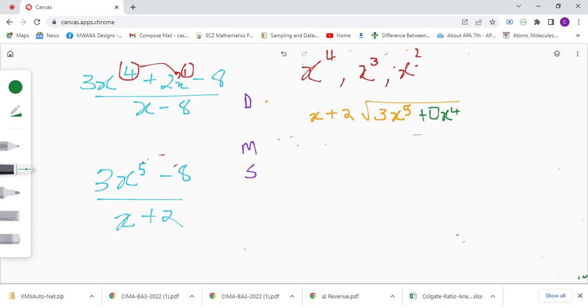So we don't have x to the power 4. We don't have x to the power 3. We don't have x to the power 2.